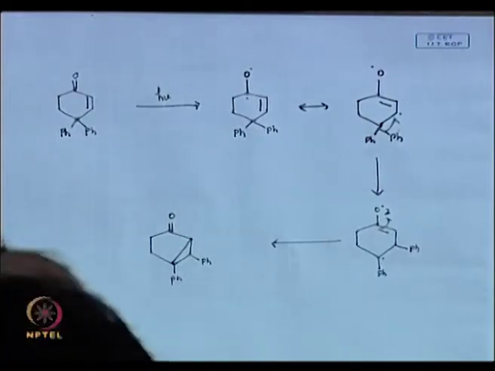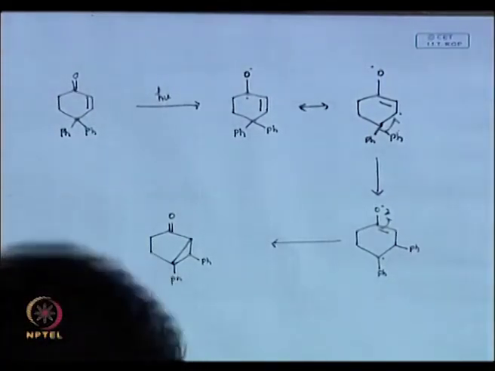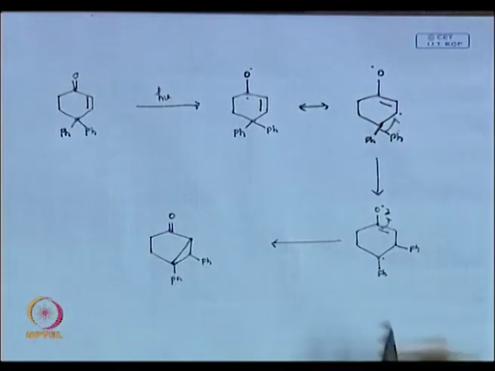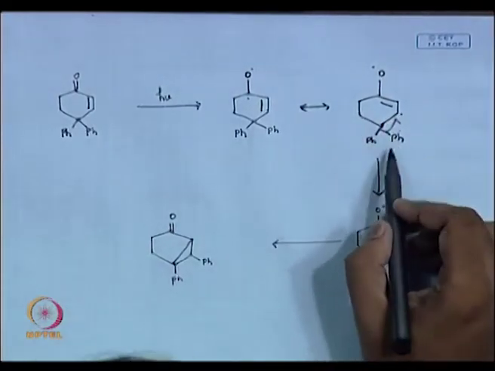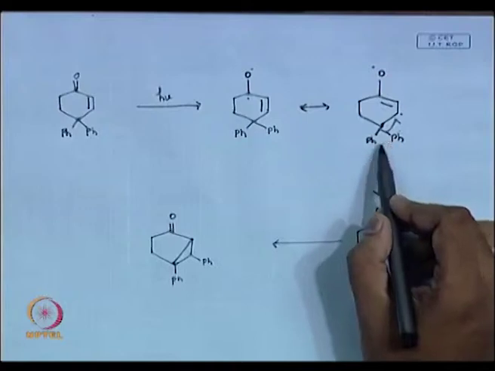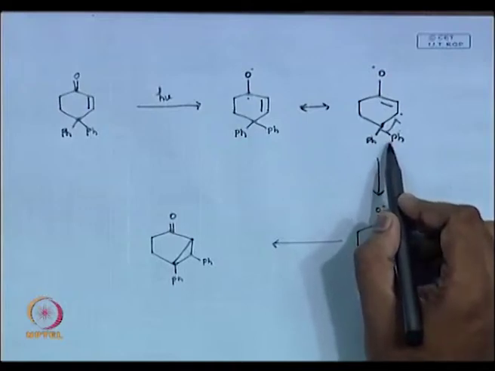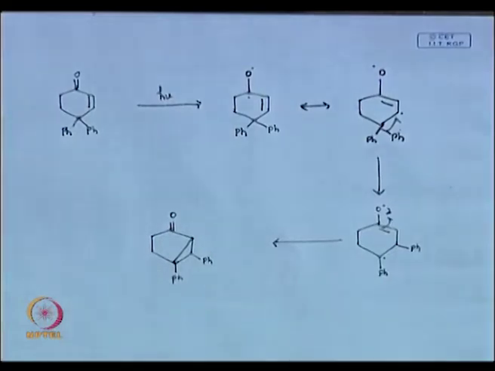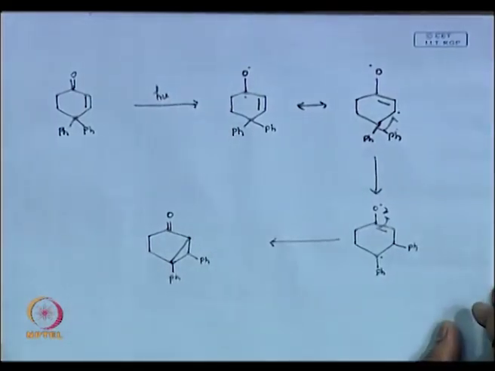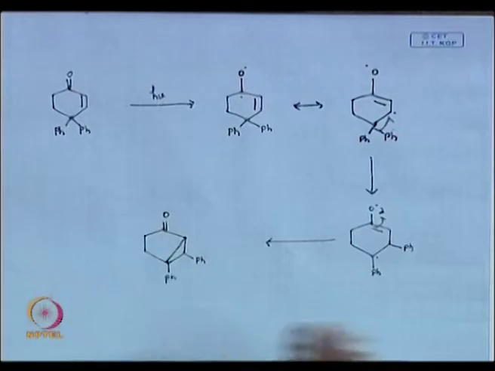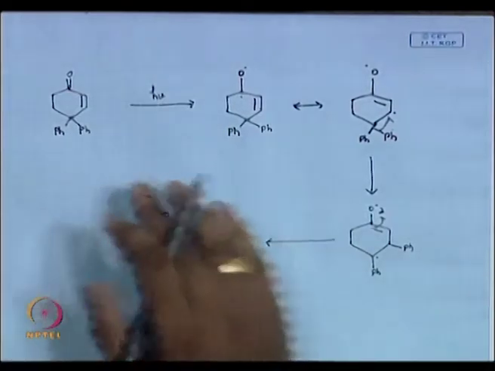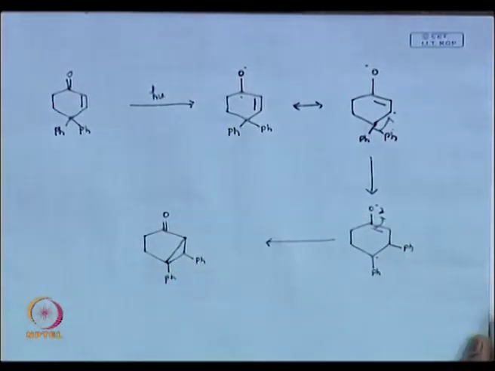Yes, this is the rearranged one. If it is a methyl system, yes, you will get it too. But in the case of phenyl, they are very good at doing the 1,2 phenyl shift. You can see this reaction in any photochemistry book.